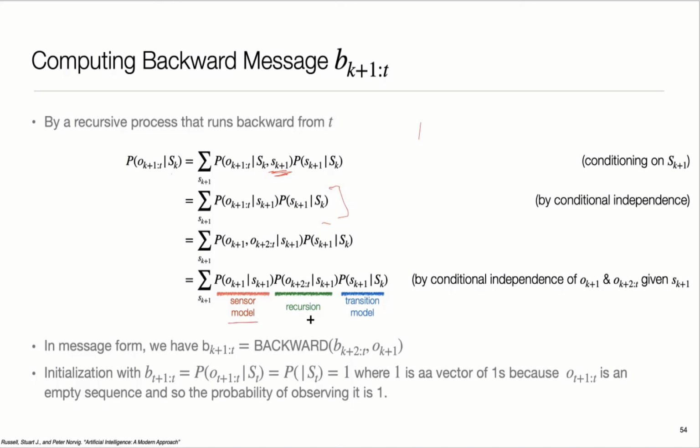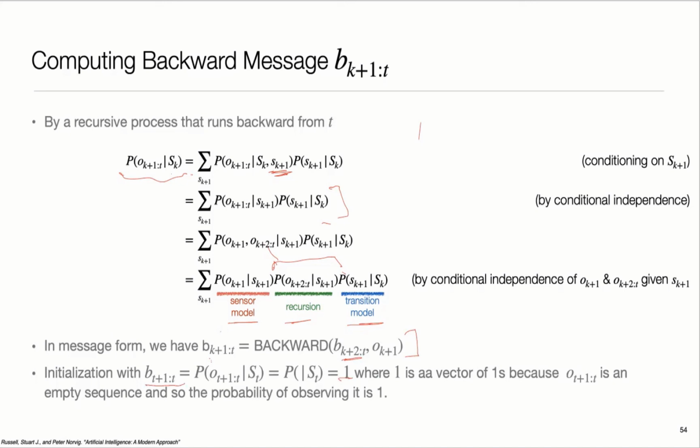There is a sensor model, there is a recursive term, and then there is a transition model coming in your state transition. Long story short, if you look at the recursive term here, it's basically a backward recursion. We are going from k plus 2 to k plus 1. So this computation becomes that we are computing the message at time k plus 1 given the message at time k plus 2, and there is a starting condition, the message from t plus 1 to t, which is basically just 1.